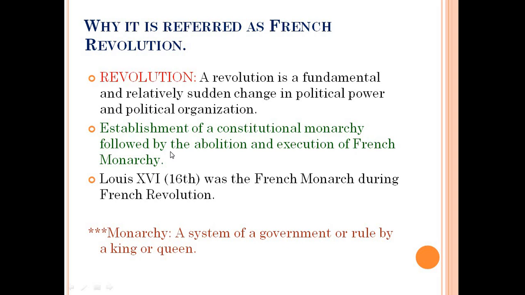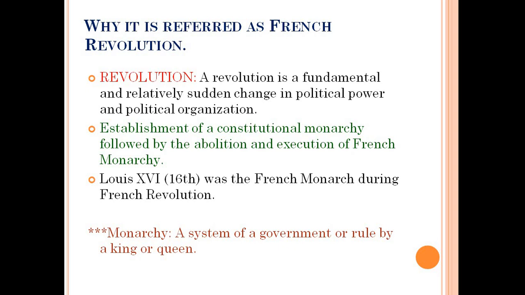That means before the French Revolution, France had a monarchical system. In France, there was a king, and France was ruled by a king and a royal family. There was no place for the people in the government. Everything depended entirely on the wish or the desire of the king. There was no role for its citizens to play.